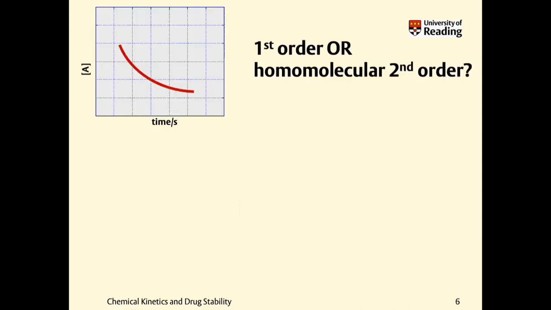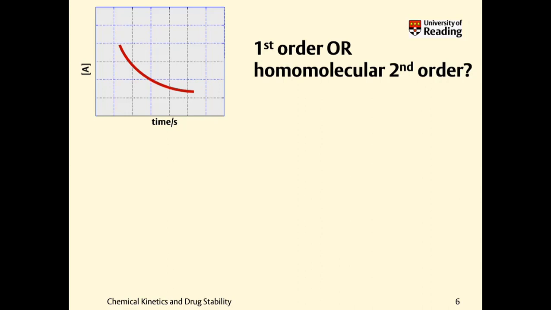So, first of all, if you have a set of data of concentration of a reactant against time, we would see the concentration of reactant decaying over time, as you can see in this plot. Is that a homomolecular second order reaction, or a first order reaction? It might be neither, but we could determine if it is one of these by doing a simple thing.